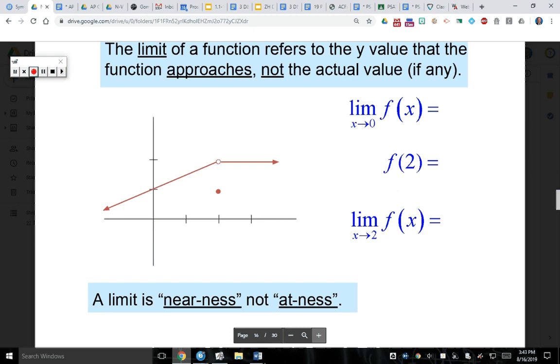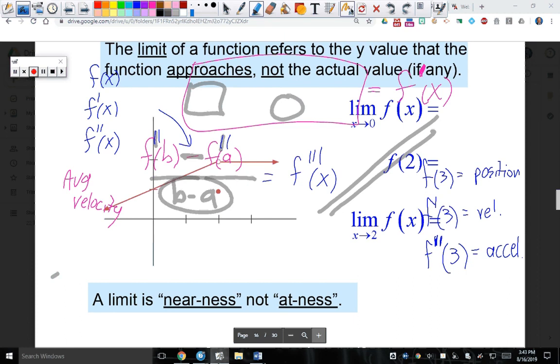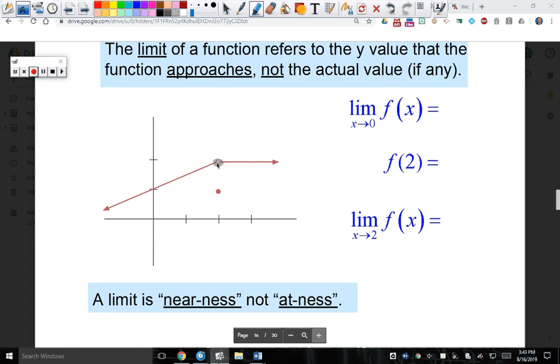If I say, what is f of 2 on this graph? What's the answer? 1. If I say, what is the limit as x approaches 2? What is the answer? 2. Notice, there's an open dot here at 2. But this is still 2. Why? It's where it wants to go to. That's the limit.